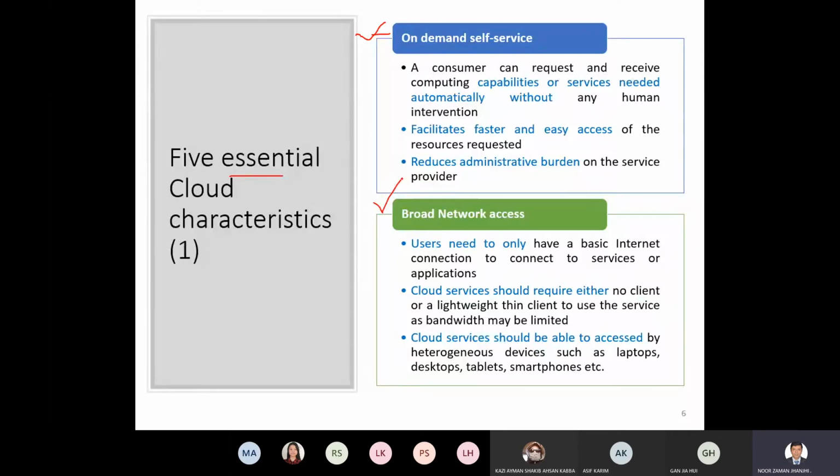They provide support for all devices; they may not say that the support is only for particular devices or particular hardware. So this is broad network access, the second essential point out of those five points.